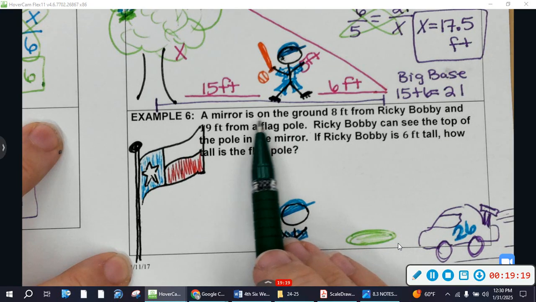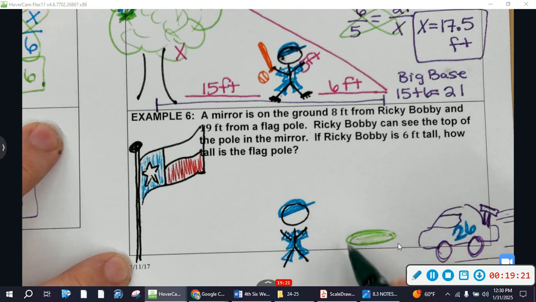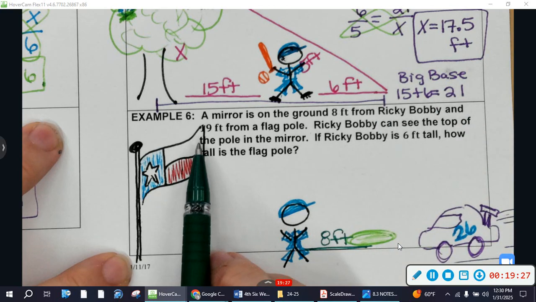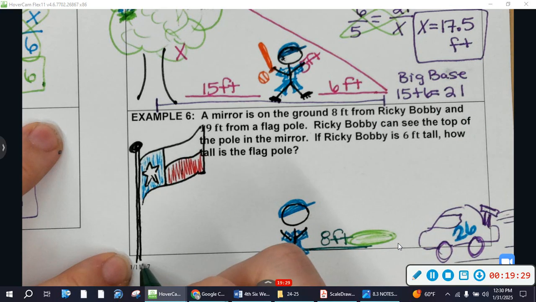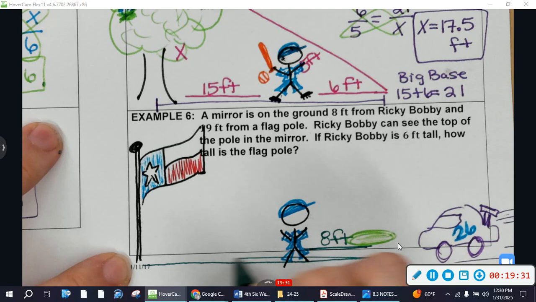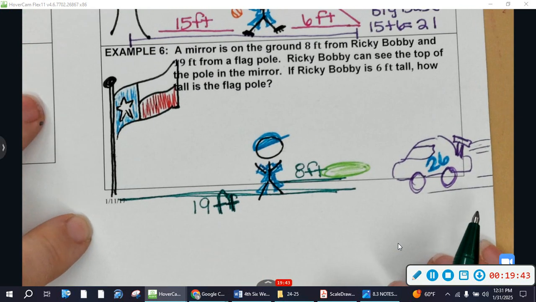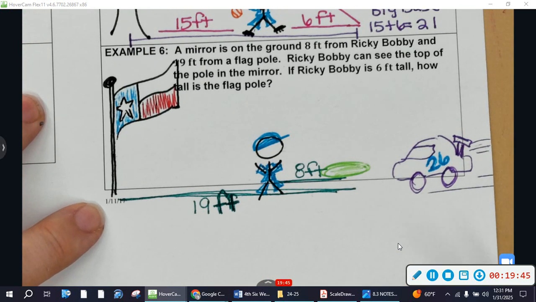Alright. Mirror is 8 feet from Ricky Bobby and 19 feet from the flagpole.